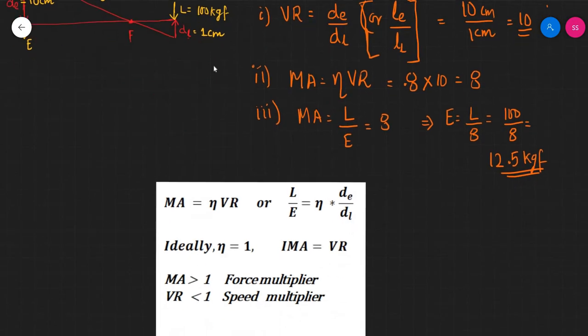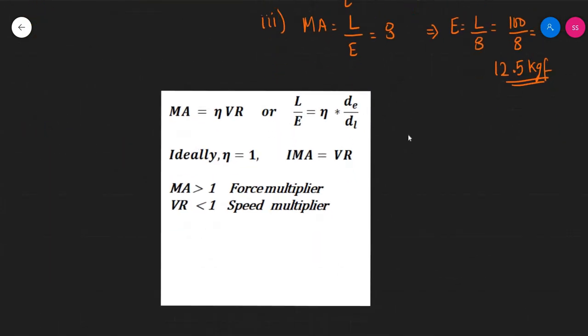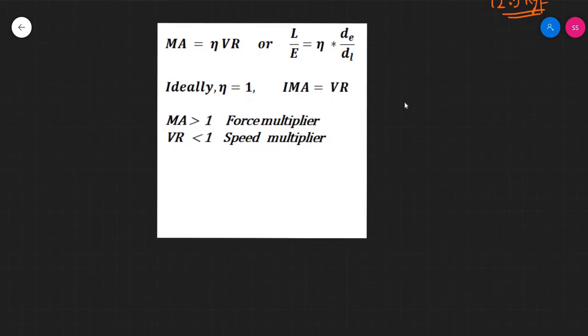So the summary of this video is as follows. Your mechanical advantage is given by efficiency times velocity ratio, where this is eta, your efficiency.